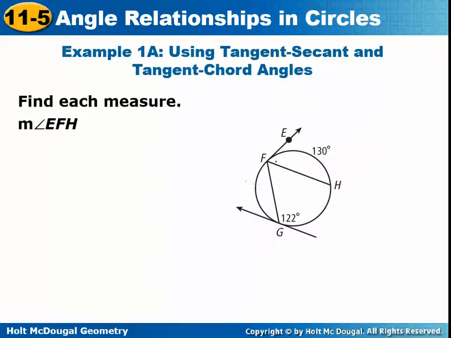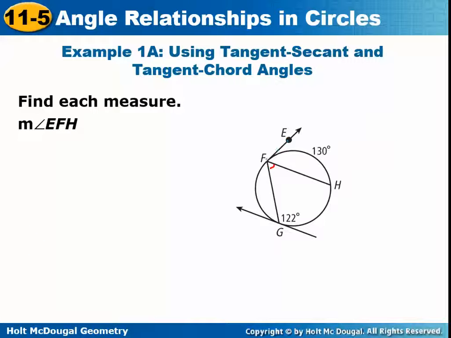Here's an example where you'll be using that. Notice that HFG, that angle is an inscribed angle, which we talked about in yesterday's lesson. In this one, here's a tangent and a chord, and over here G is also a tangent intersecting a chord. So it says to find the measure of angle EFH.